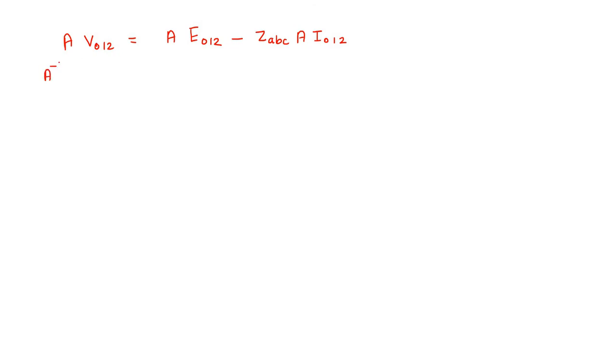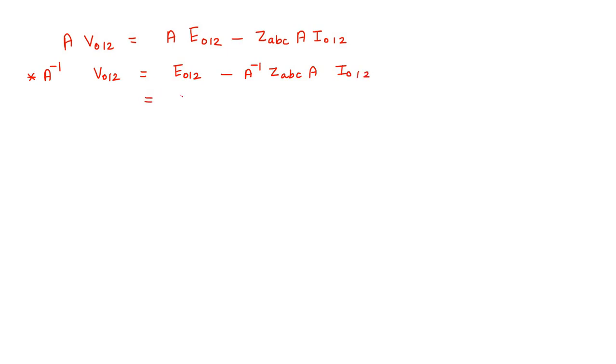Multiplying A inverse on both sides of the equation, we get V012 on the left-hand side, and on the right-hand side we get E012 minus A inverse ZABC A into I012.